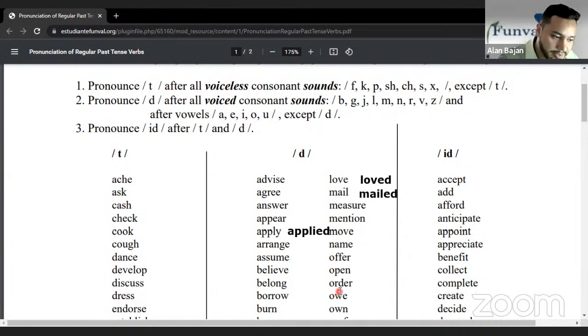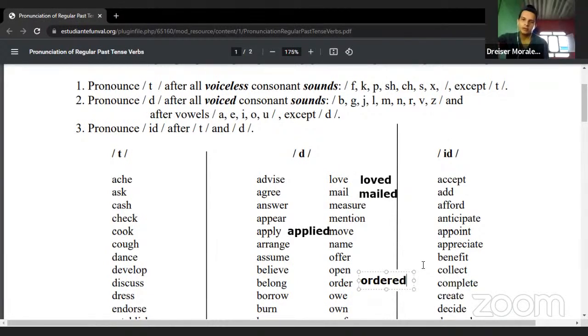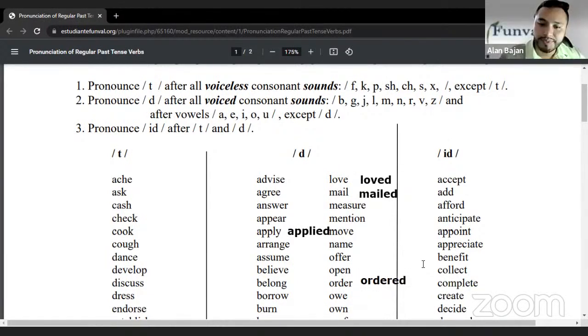Let's see, this verb, order. Order, what sound is that? R. Sound of the R. So it's not "order," it's ordered. What is the pronunciation? Ordered. Repeat. Ordered.